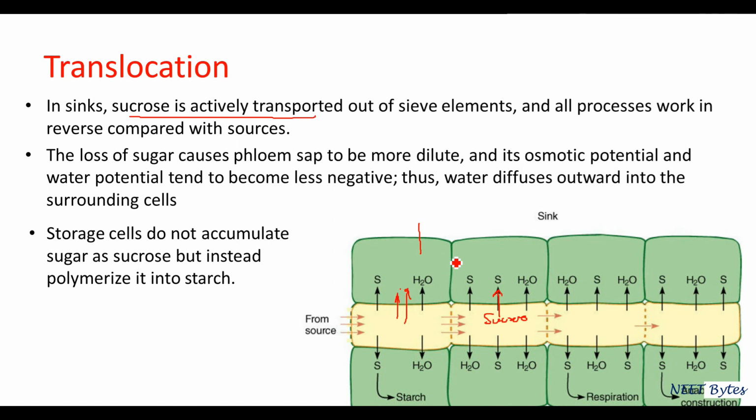Because every time sucrose is coming over there, unless this sucrose is converted into starch, the potential will keep on increasing. So that is not going to help. Some sort of trapping mechanism is required, so that a constant sucrose level is maintained over there, so that the water should keep coming over there to the requisite level only. So whatever sucrose is coming is eventually converted into starch within the sink, right?